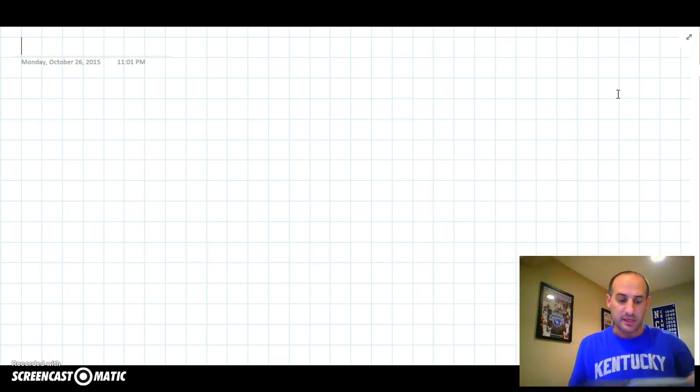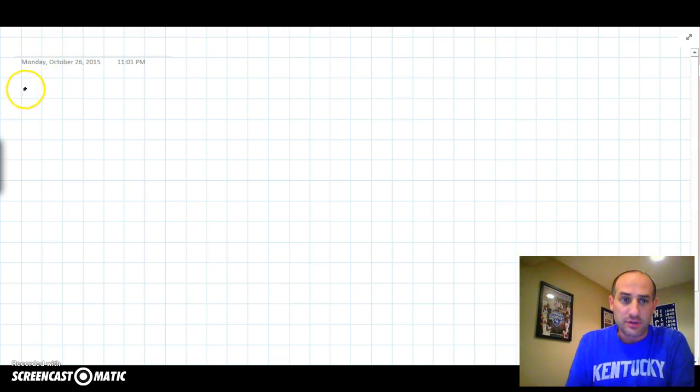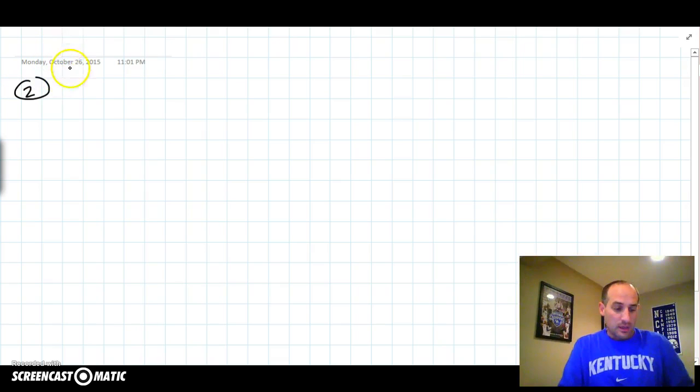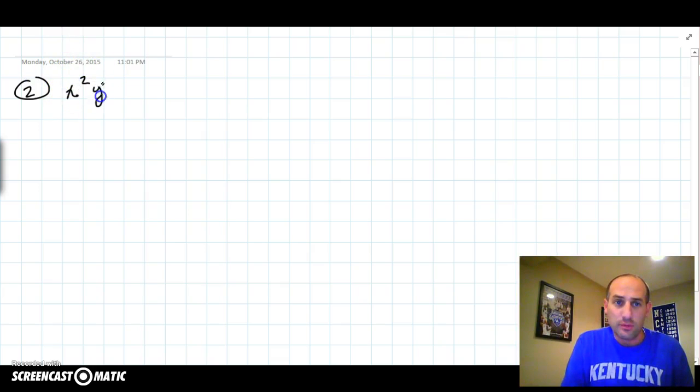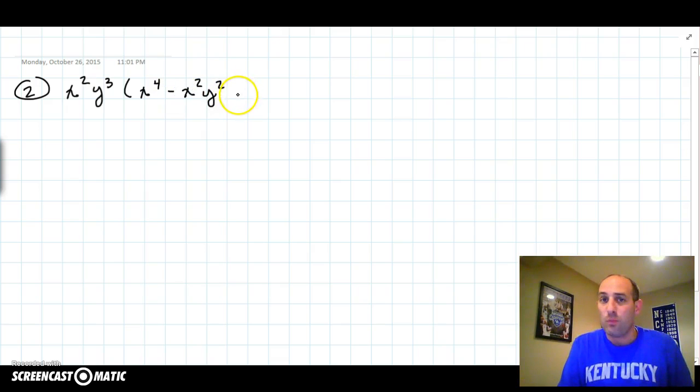Number 2 is a pretty standard multiplying polynomials type of problem. So when we look at it here, let's make sure everything's right in the right way, and it is. We're starting here with x squared y cubed outside the parentheses, and inside the parentheses we've got x to the 4th minus x squared y squared plus y to the 4th.